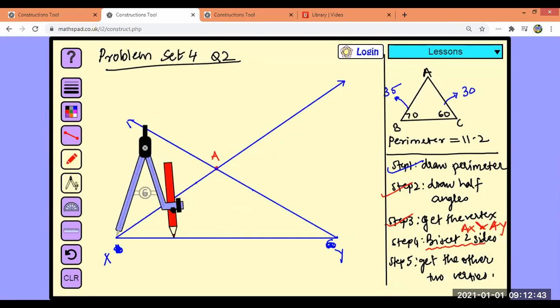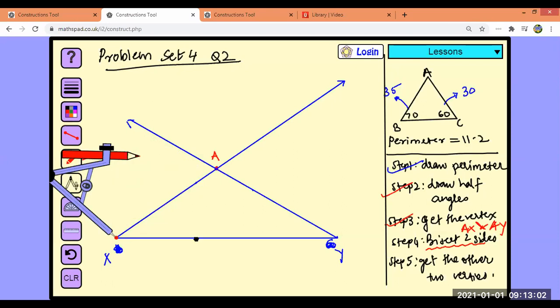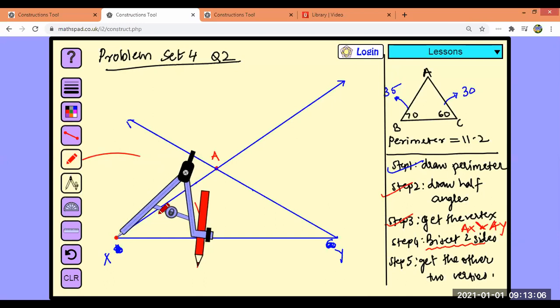Place the steel point on X, take more than half distance, and using the same distance, we are going to cross out those two arcs, right? So here I have placed the steel point on X and taken more than half distance, and we are going to draw arcs on both the sides. So arc on this side and arc on the other side like this. Correct.